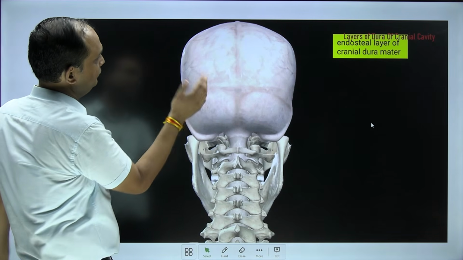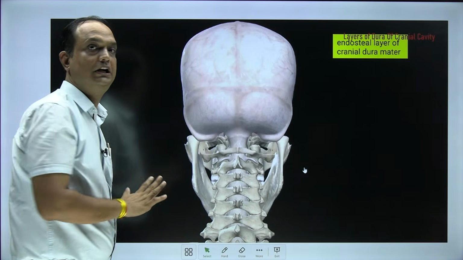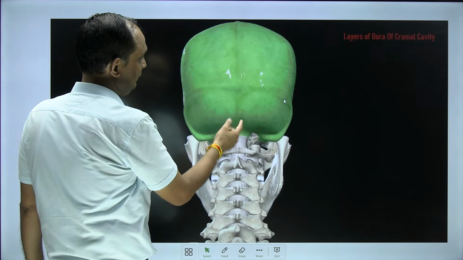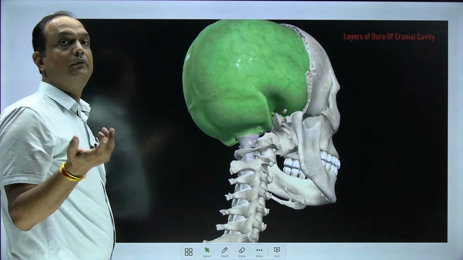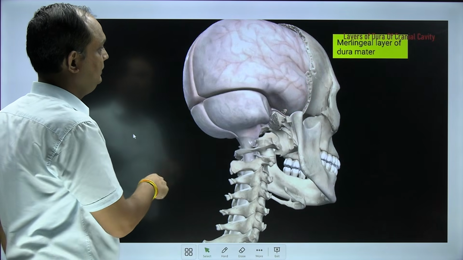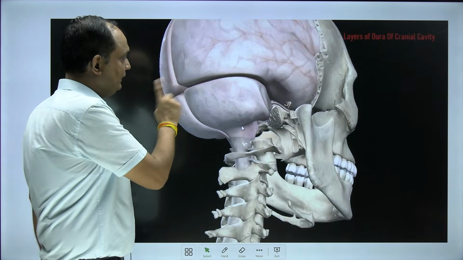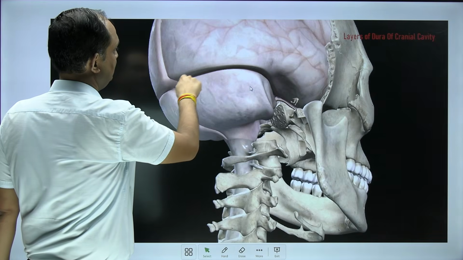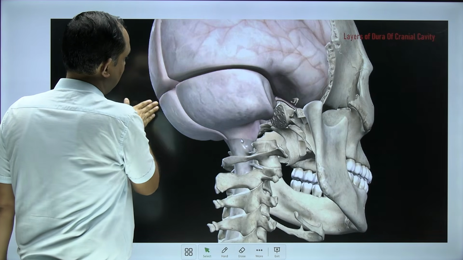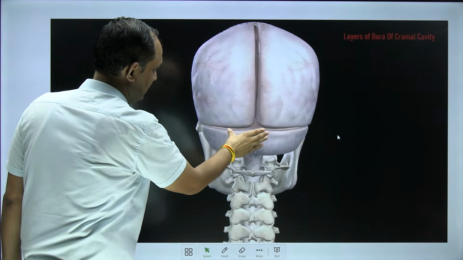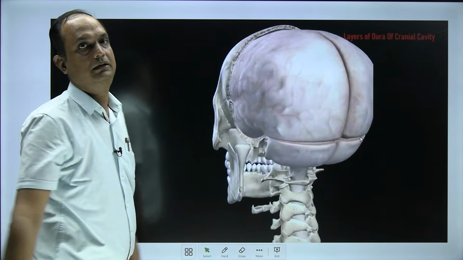Now as soon as you remove it, you are able to see this endosteal layer, which is the periosteum. And if you remove this periosteum, you will find one more layer, and that layer is the meningeal layer of dura. The difference is that you can see this meningeal layer of dura is showing the clefts, or you can say the folds, and this dura continues into the spinal cord.